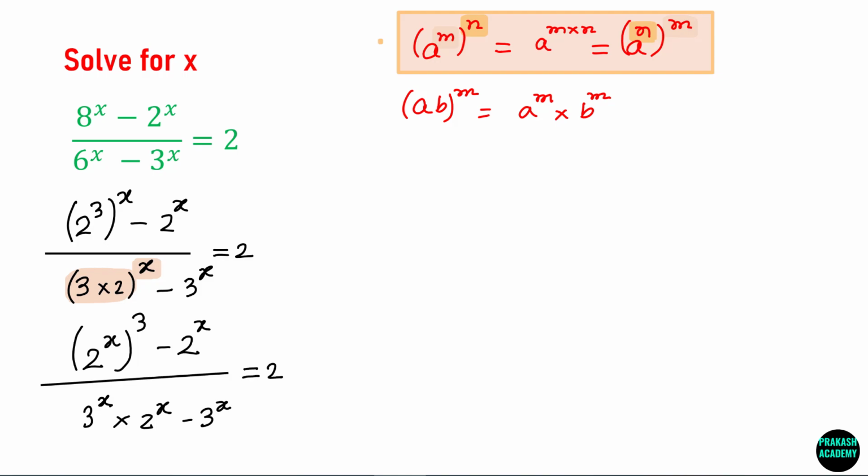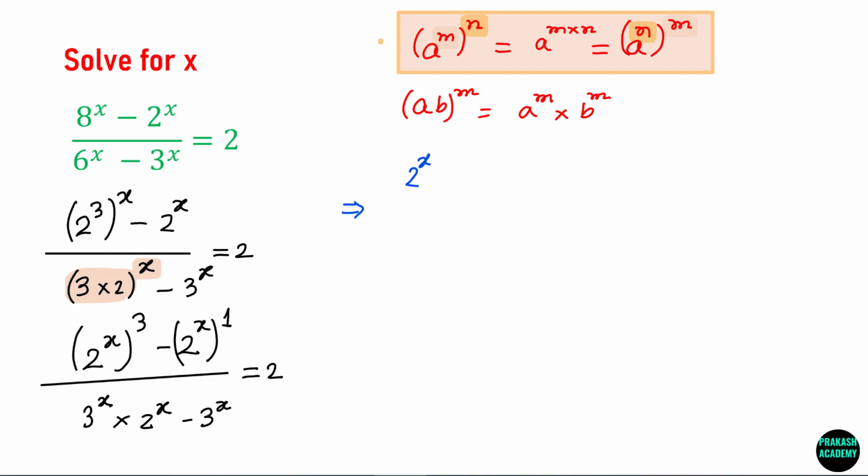Now let us see what you can do next. You can now further simplify. So this becomes, basically you can take 2 raised to the power x common, because you have 3 and here you have power 1. If nothing is written, then this means this is power 1. So let us take 2 raised to the power x common.